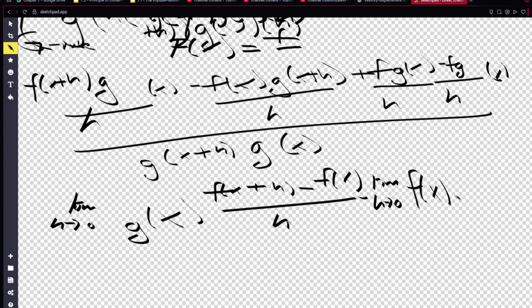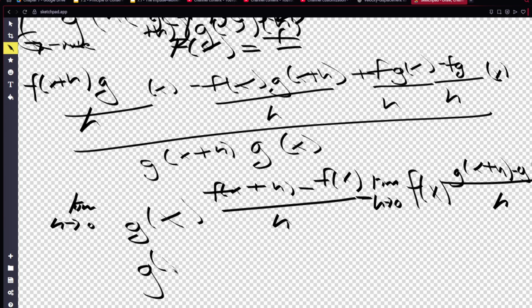Since this is a minus here, we're factoring out a minus f of x. Since we're factoring out minus f of x here, it's just going to be g of x plus h, and then we're factoring out a negative f of x here, which is just going to be minus g of x over h.